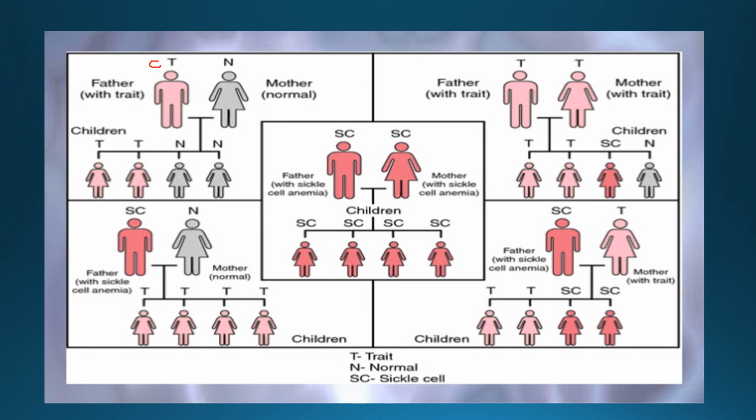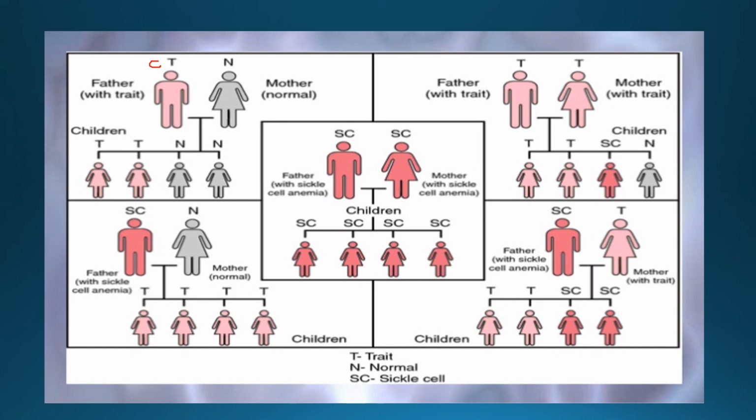Now if one parent is affected by sickle cell anemia, then all the offspring will be carriers for that gene. If both parents are suffering from sickle cell anemia, then automatically all the offspring also suffer from sickle cell anemia.